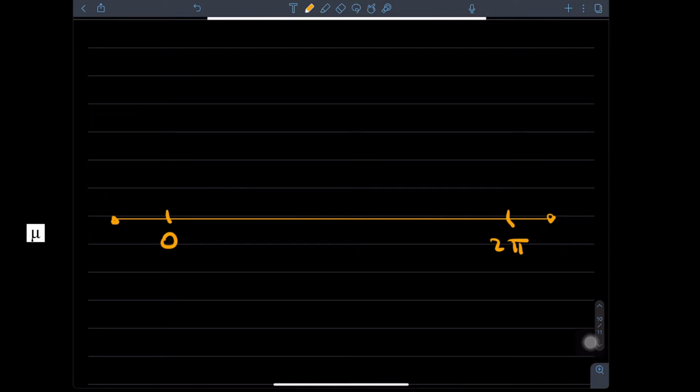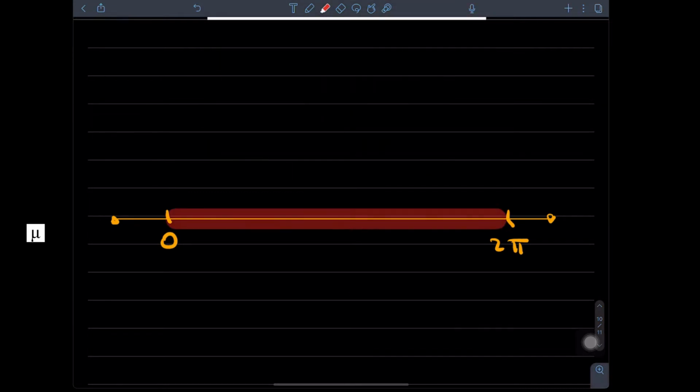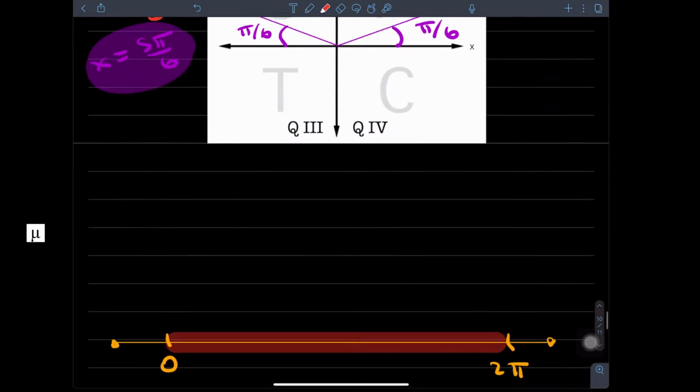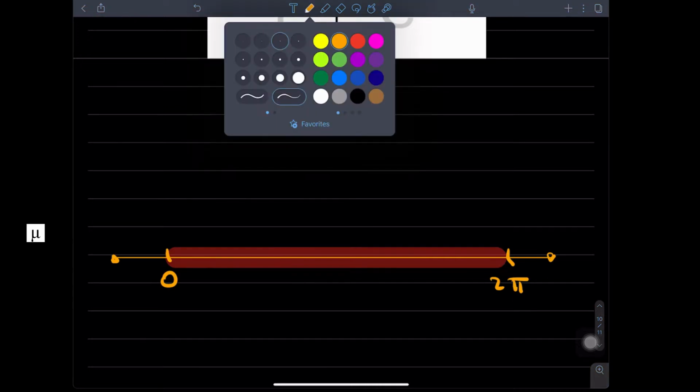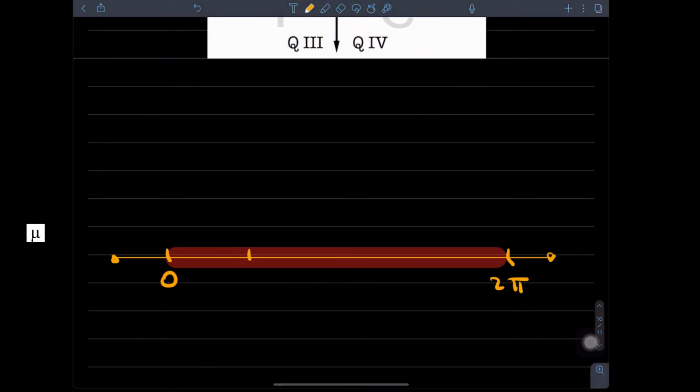You have a restricted domain already. Is that right? This is your restricted domain. So we put pi over 6. We put 3 pi over 2. And then we put 5 pi over what? 6. Double check.